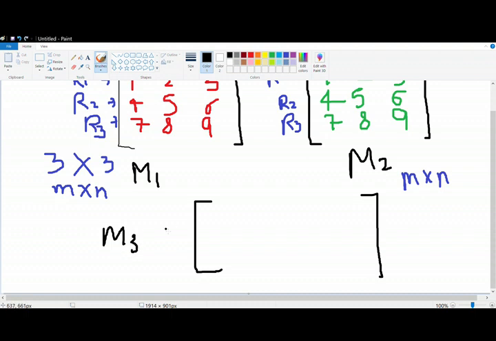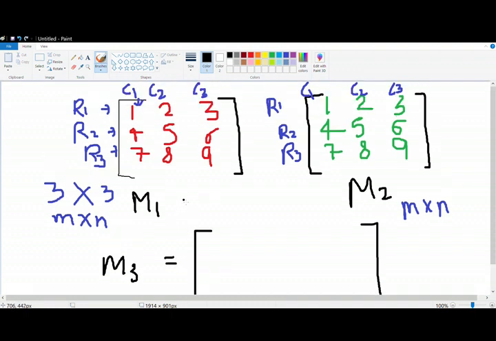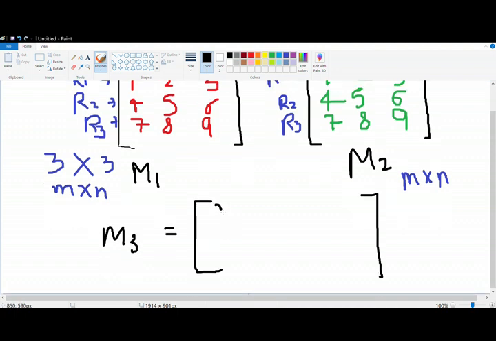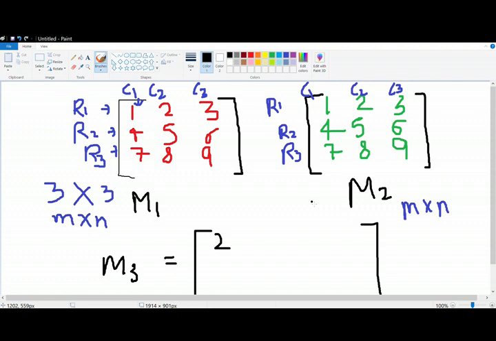Okay, so this is matrix 3. So how we add it, we take the element R1 C1 plus R1 C1 of the second matrix. R1 C1 in the first matrix is 1. So 1 plus 1, here we have 2.